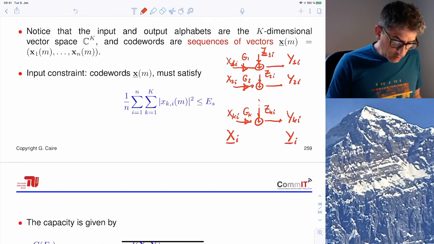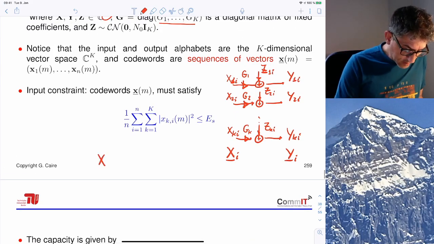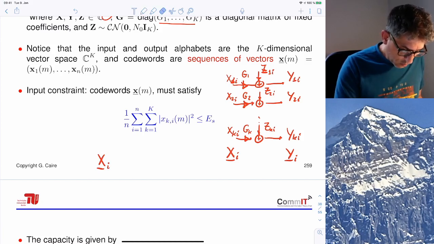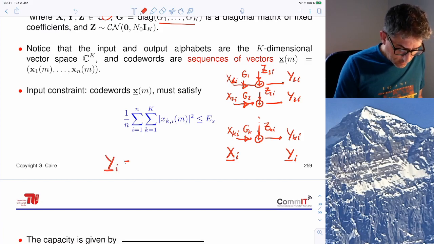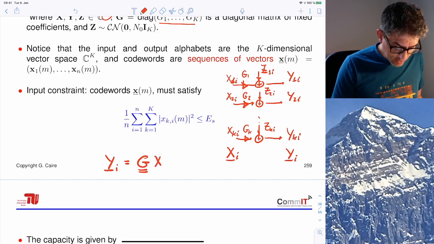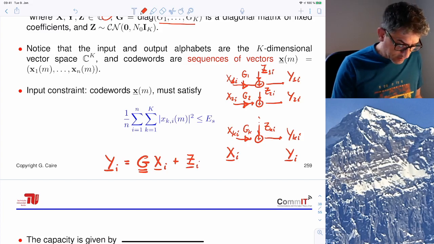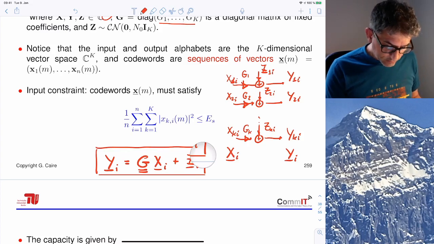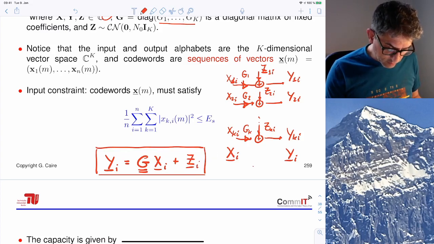So overall, this can be written as y at time i, vector, equal to the diagonal matrix G times x at time i, vector, plus z at time i, vector. So this is the K parallel channel generalization of what we have seen before.